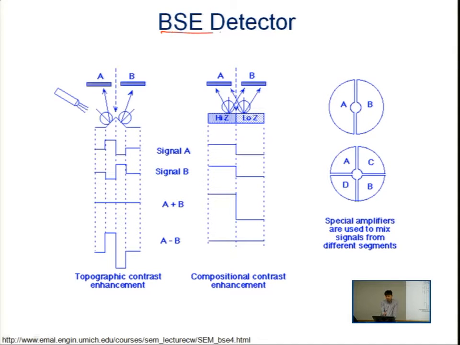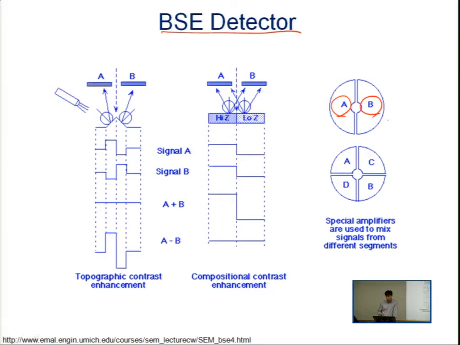So the backscattered electron detector depends on the type of detector. It has two sensors arranged in a circular shape, or it can use four different detectors configured like this.